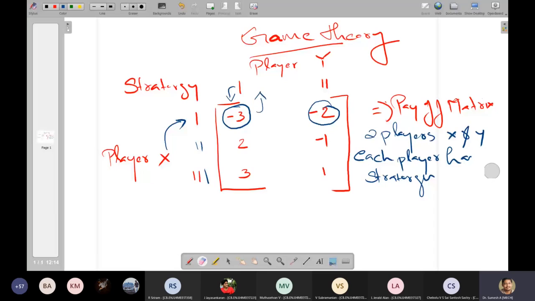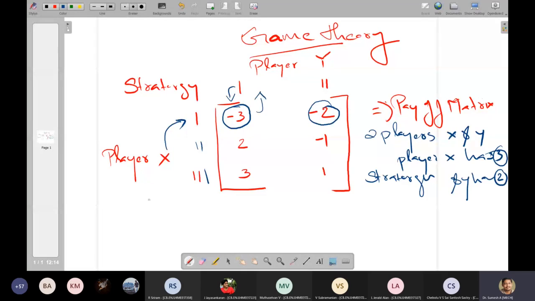Player X has 3 strategies and Y has 2. So if player X plays strategy 2 and Y adopts strategy 1, then X gains 2 points, Y loses 1 point.